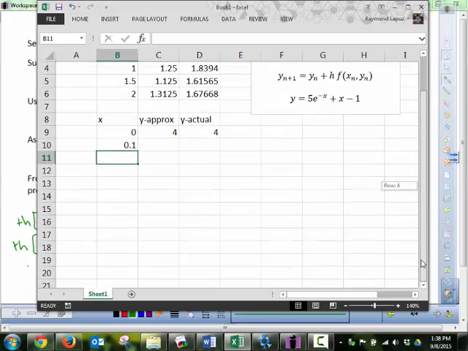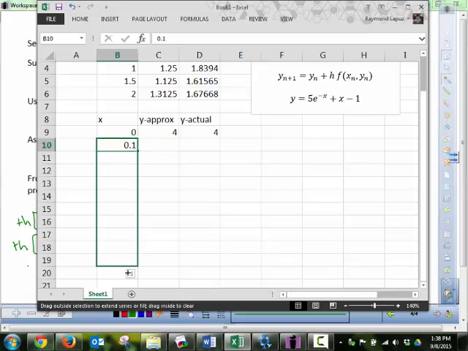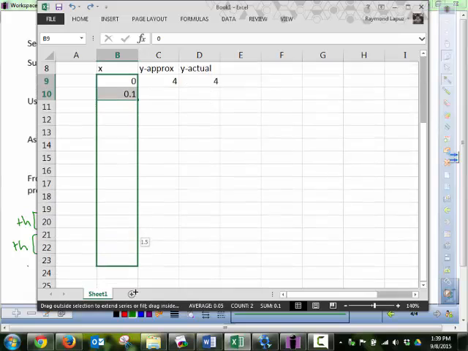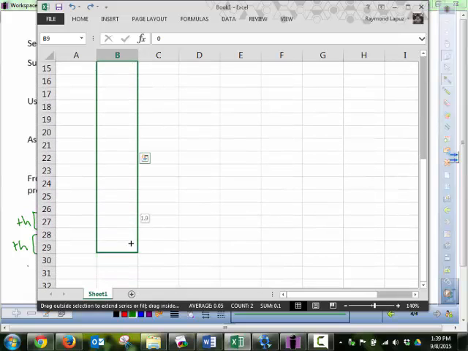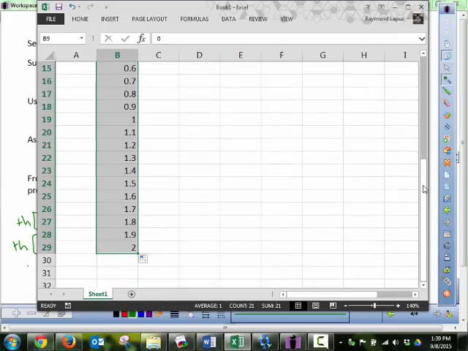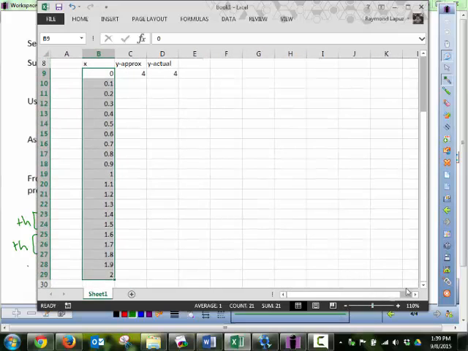Because now we have the answers we can compare. And we want to get all the way to 2. So I think we'll need 20 of them or something. Yeah, this might be a little too much. But we'll see. All right, so this is our step. So these are our values. We're going to have lots of values.